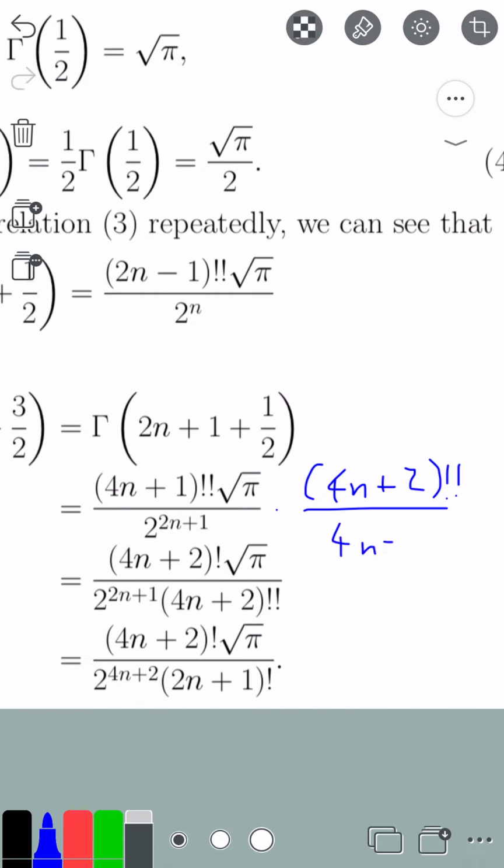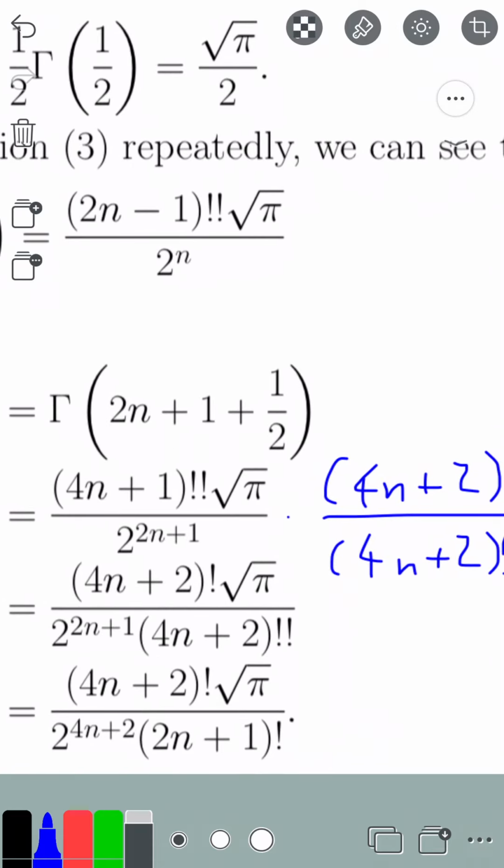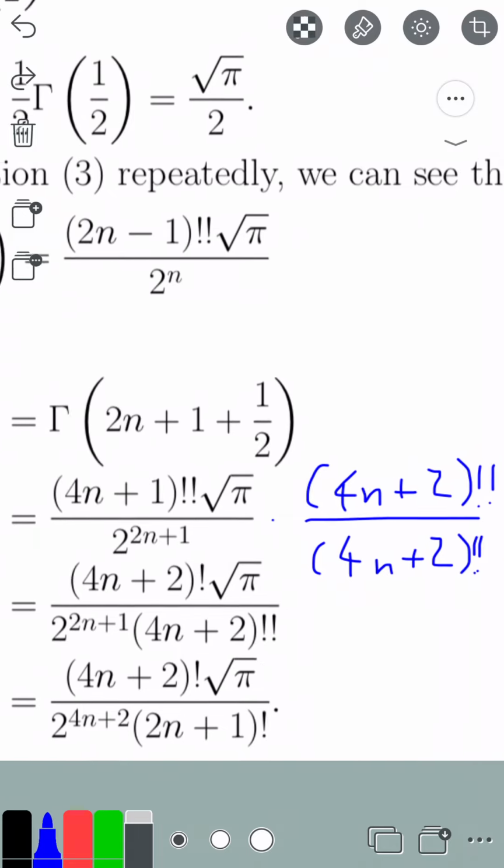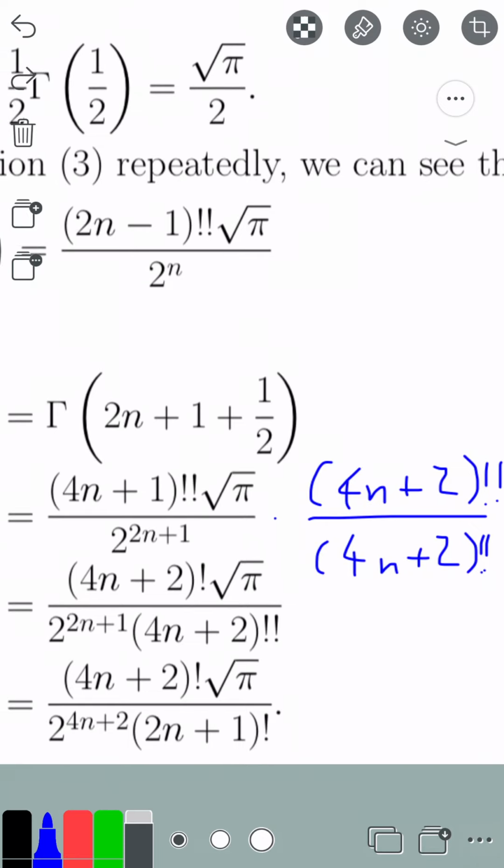Then what we get on the numerator is 4n plus 1 double factorial times 4n plus 2 double factorial. So that is 4n plus 2 factorial. And in the denominator, we just put 4n plus 2 double factorial here for the time being.